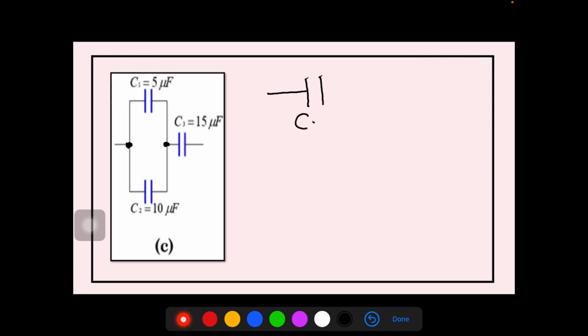Now it becomes C12, and then we have another one, which is C3. So this C12 is equivalent to what? C12, we have a junction with 2 routes, so this is a parallel combination of 1 and 2. So C12 is equivalent to C1 plus C2.